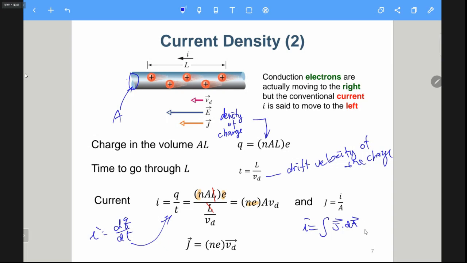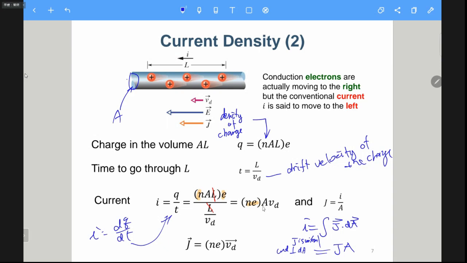Now we also assume that the current density is uniform, so it is nothing but J times A. Suppose J is uniform and perpendicular to dA. So it is I equals JA, so J equals I over A.